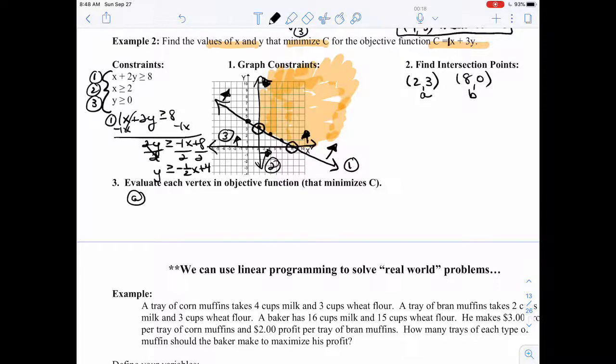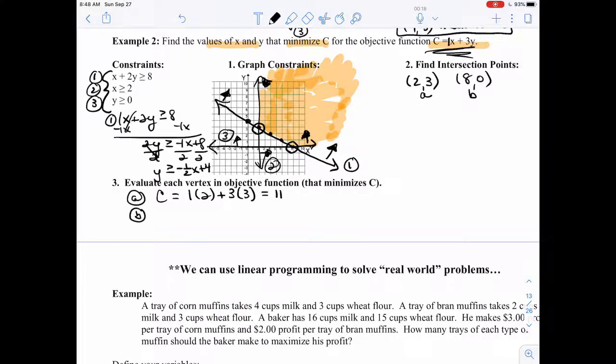For A, our objective function again is c equals 1x plus 3y. So using our first point, our c would equal 1 times the x coordinate, which is 2, plus 3 times my y coordinate, which is 3, and 2 plus 9 is 11.